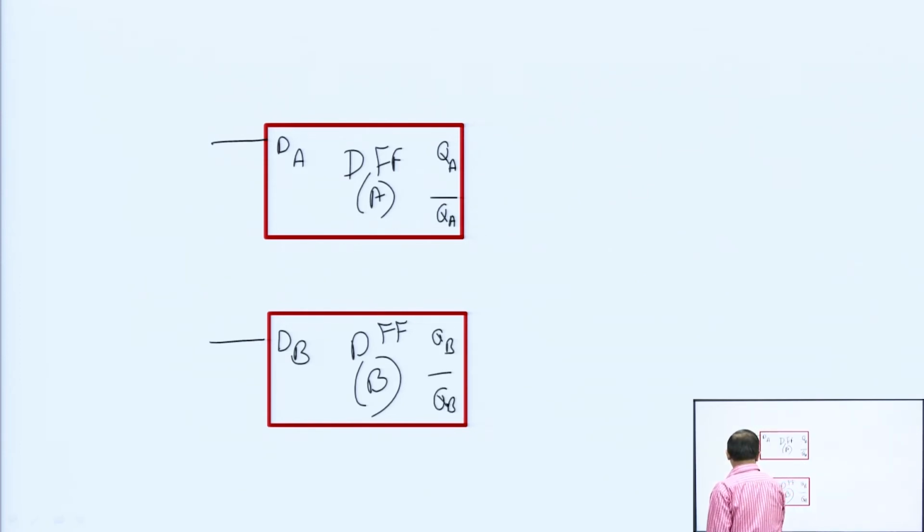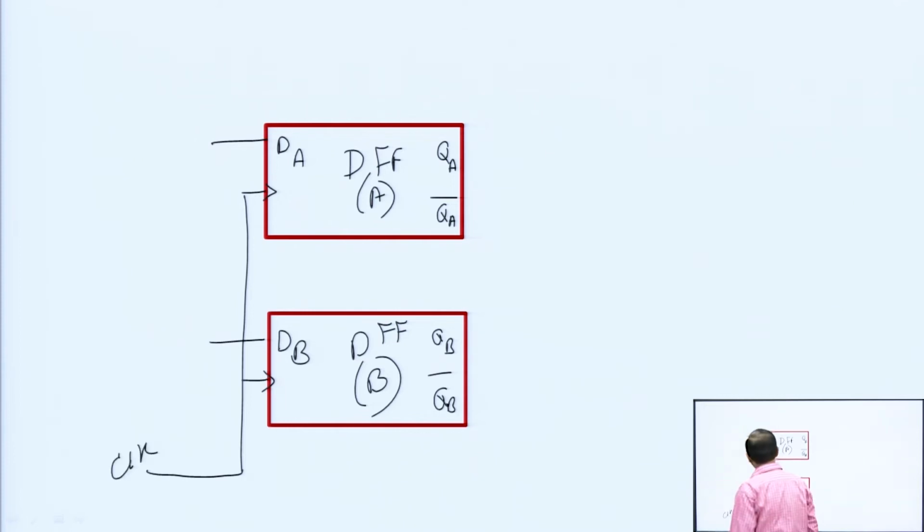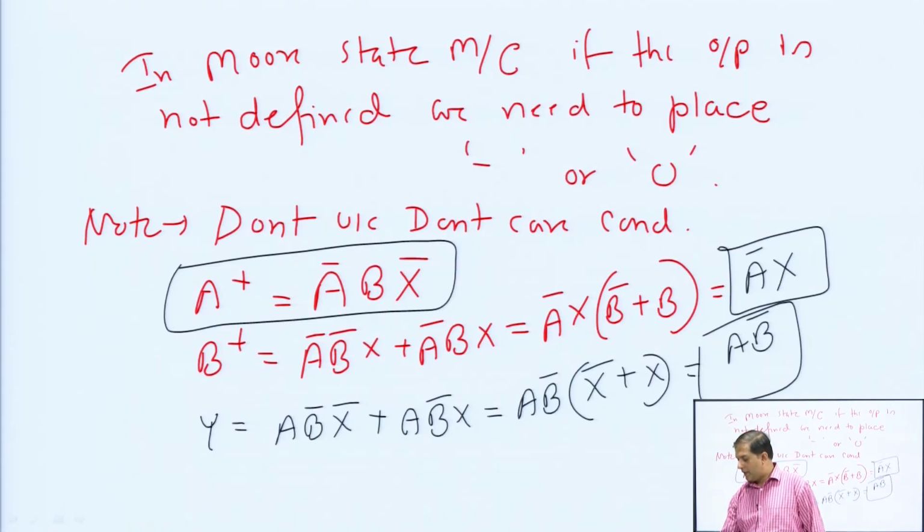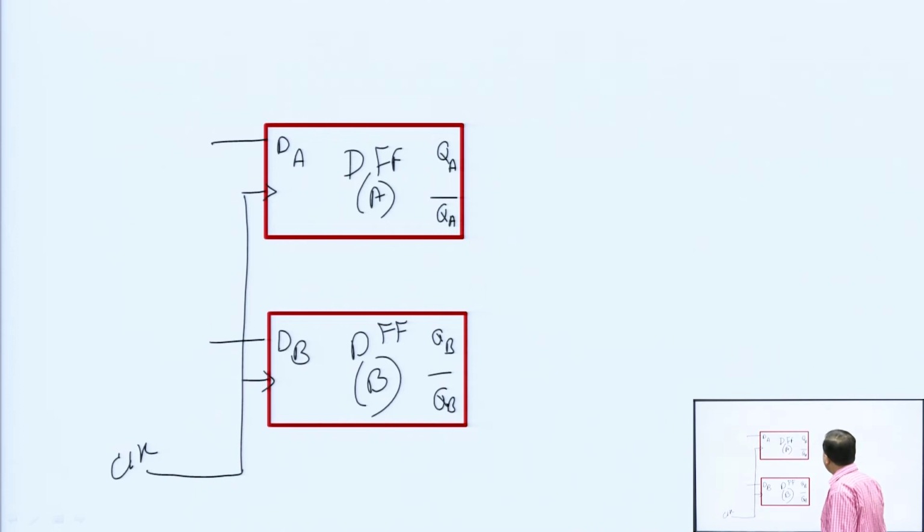Synchronous means the same clock pulse is given to both flip flops. We are discussing sequential circuits, so the clock will be given. So, we have just made the format.